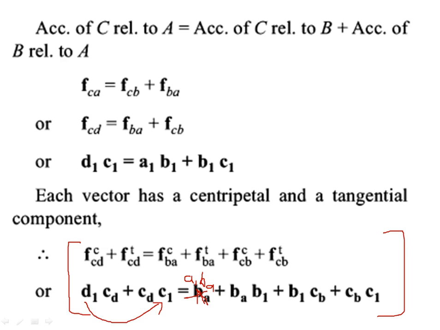Similarly, to get A1 to B1, I have taken A1 to BA plus BA to B1. Then to get B1 to C1, I have to take one more component, B1 to CB, then CB to C1. So one centripetal component, one tangential component. Centripetal will always be parallel and tangential will always be perpendicular.